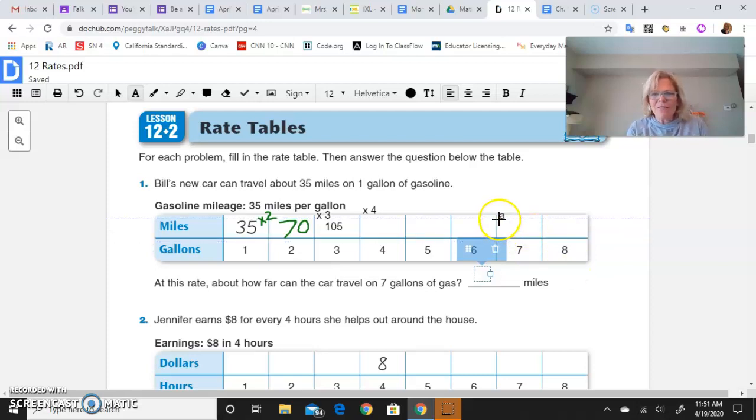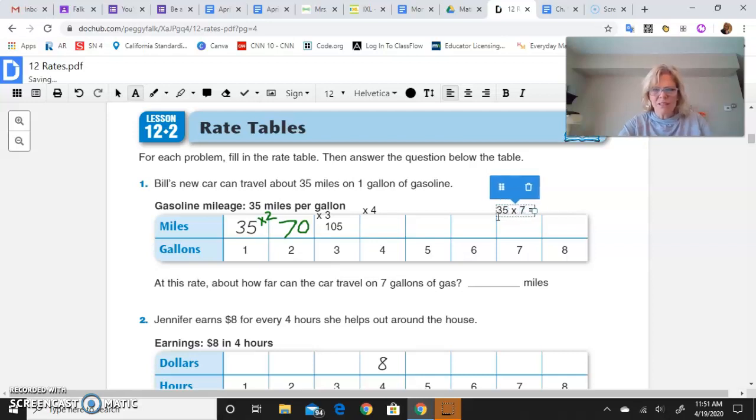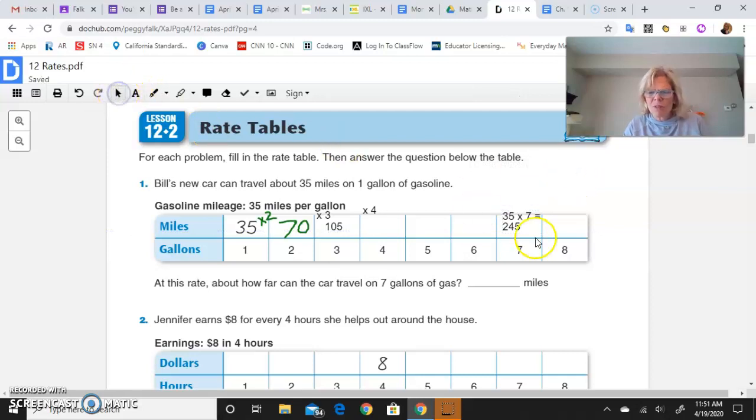So if I did 7 times 35, I should get 245, I believe. I did my math right. So let's see, 35, 21, yeah. So this would be 245 miles on 7 gallons of gas.